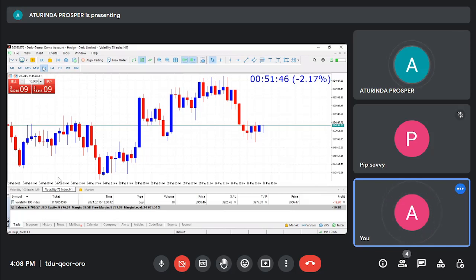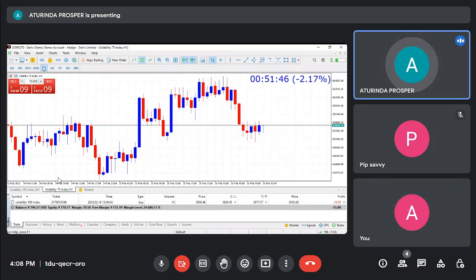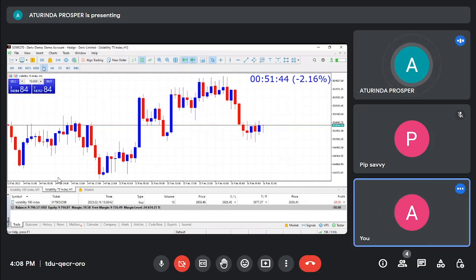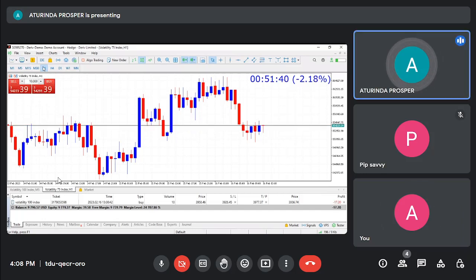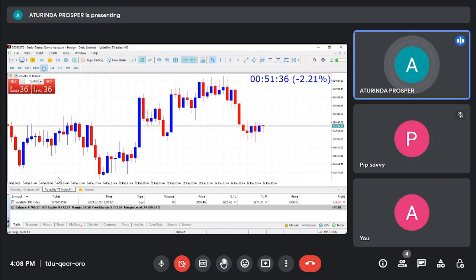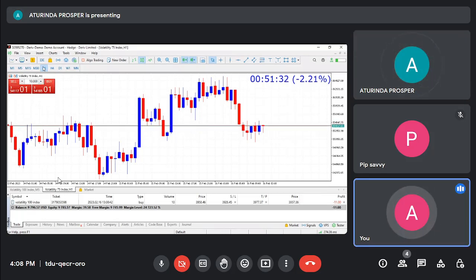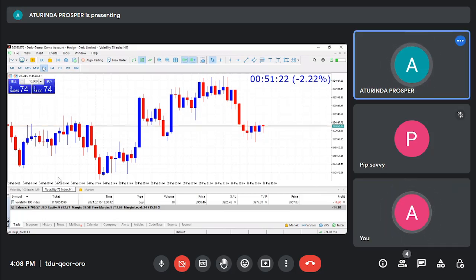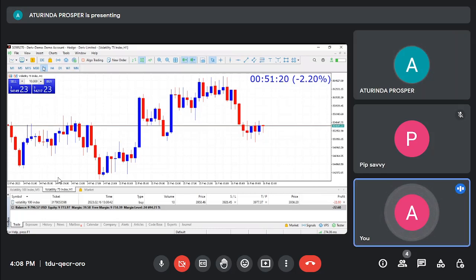But is it a downtrend? I can see it's an uptrend. According to the pattern I'm seeing. Where? The candles. Well, it has broken some point. It is an uptrend, but it's just retracing.